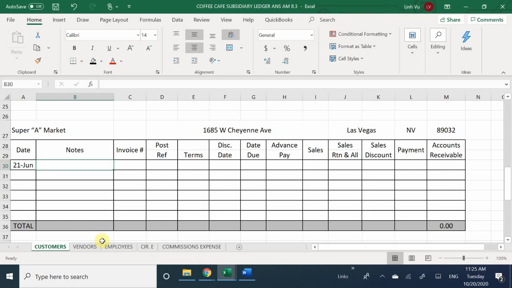I keep on saying the invoice number. No need to, since it's already in the general journal, which indicates all those three different items that we sold. So leave it as is, blank. If you don't want to put anything, you don't have to.